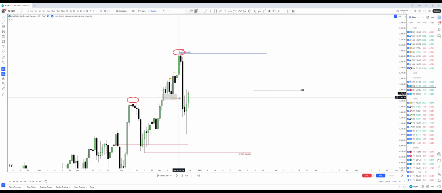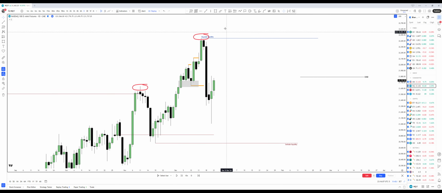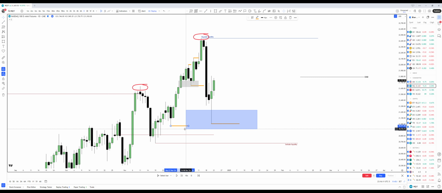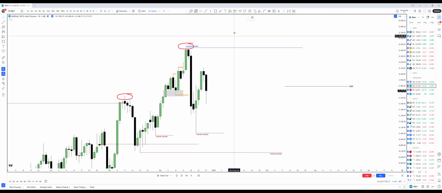So now when this breaks with displacement, since we have a shift in market structure, this high now becomes an intermediate term high automatically for me. And we are going to be targeting lower right here, these sell sides right here. So right here, this is going to be my intermediate term high.